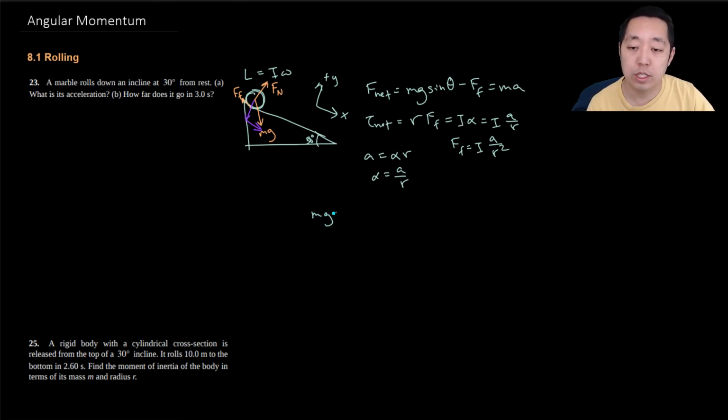So I have mg sine theta minus I a over r squared is equal to ma. At this point, what I have to know is what I is, and I for a uniform sphere is 2/5 mr squared. So I'm going to use that substitution here.